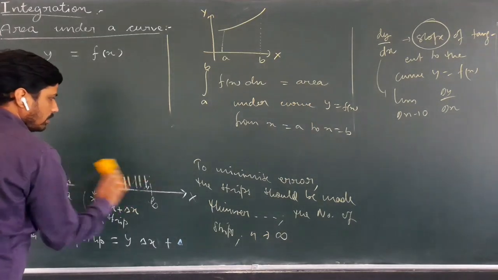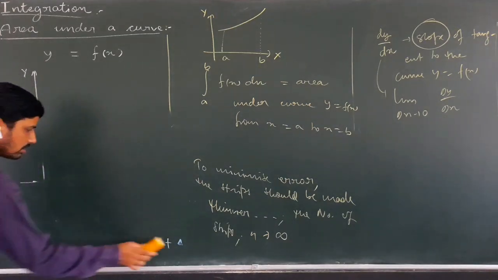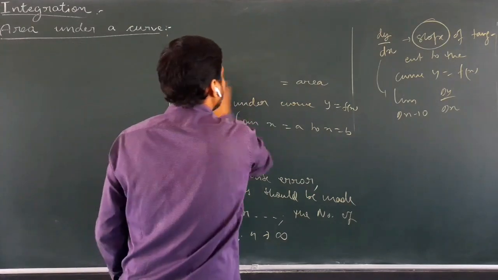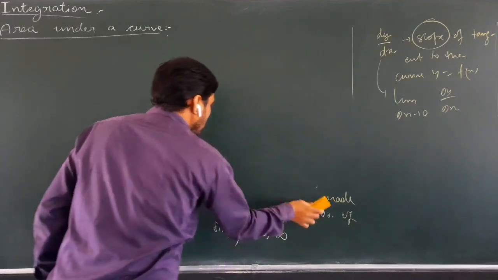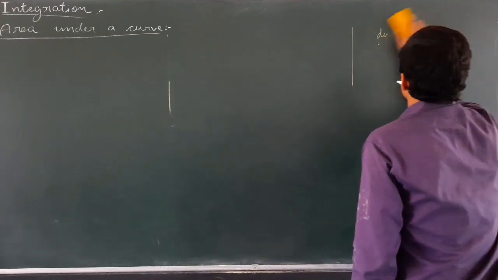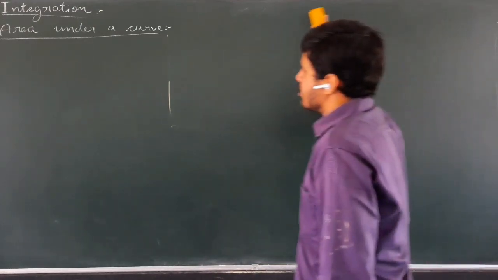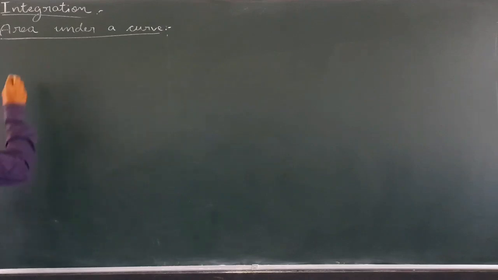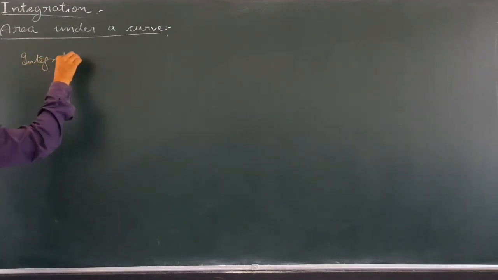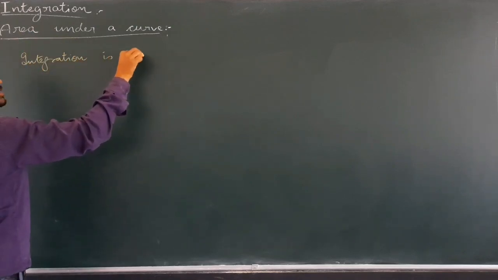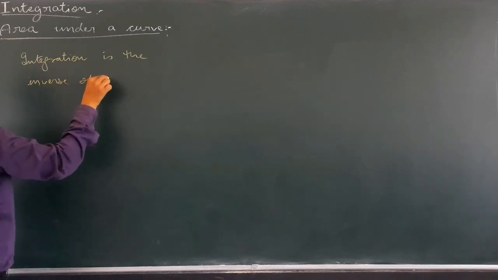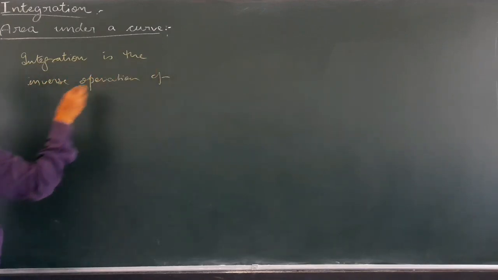Now to proceed further, we want to discuss these things that we would need in solving numericals in physics. There is another way in which this concept of integration is introduced. Mathematically, we say integration is the inverse operation of differentiation.